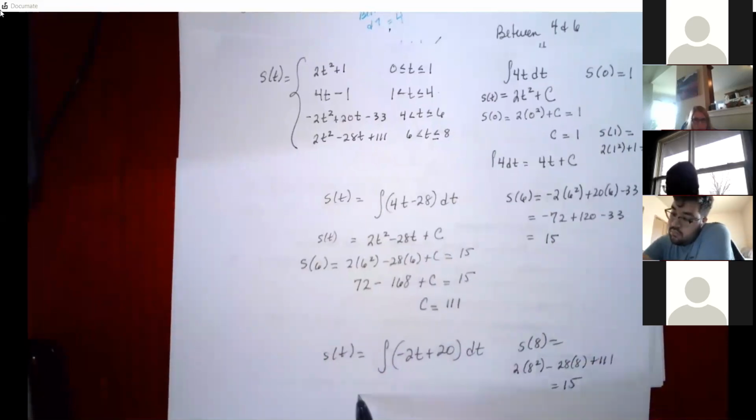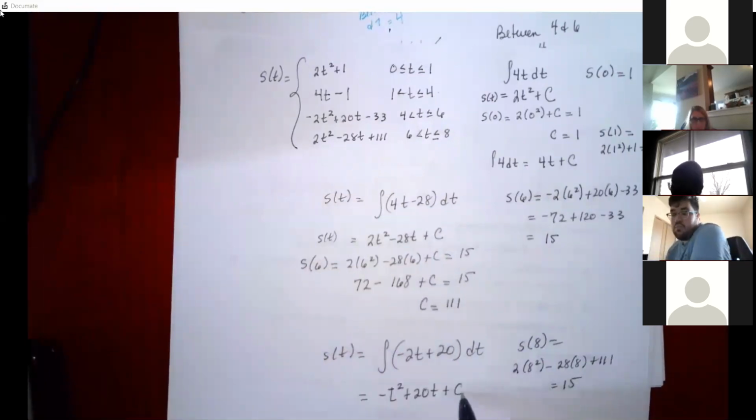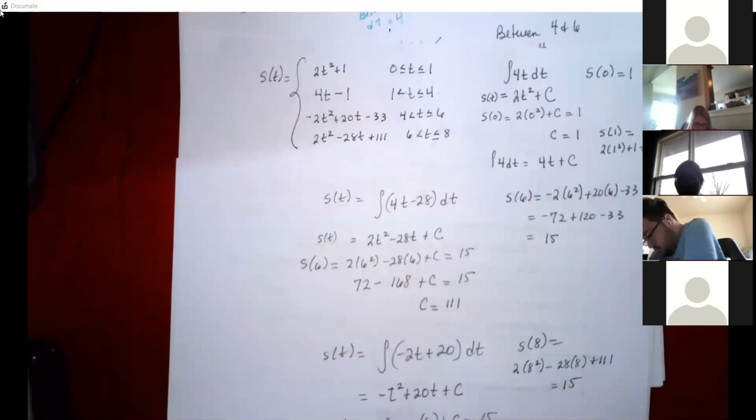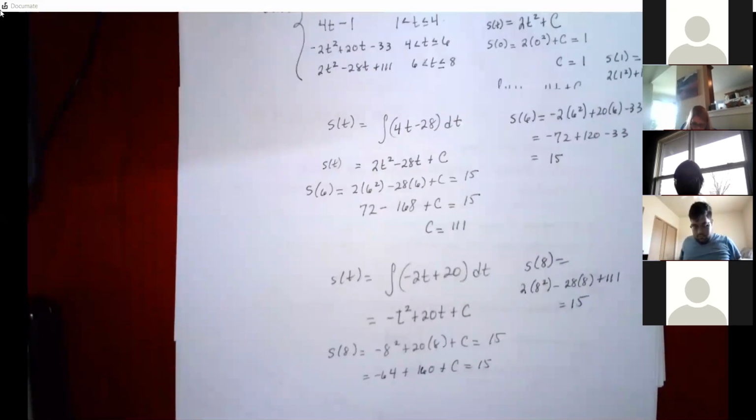So when I integrate this, I get negative t squared plus 20t plus a constant, and s of 8 is negative 8 squared plus 20 times 8 plus c, and we want that to be 15. I'm getting negative 81 for C. Is that what you guys are getting?